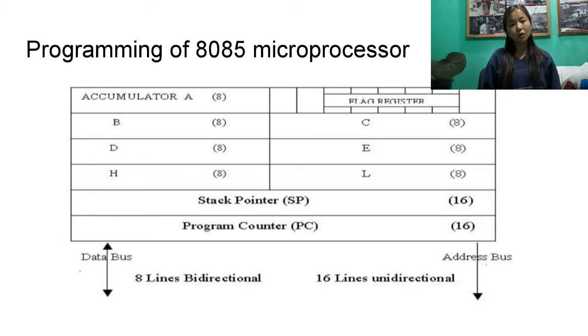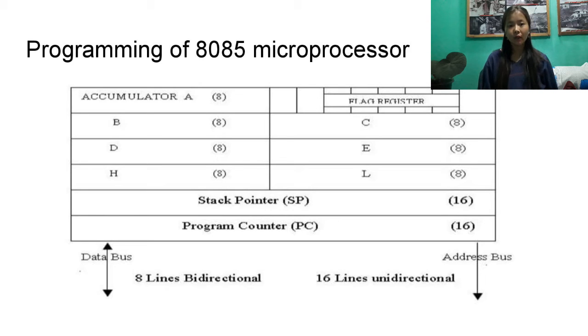Now let's talk about the programming model of the 8085 microprocessor. The 8085 microprocessor model includes 6 registers, 1 accumulator, and 1 flag register. In addition, it has the 16-bit registers, the stack pointer and the program counter. At first, let's talk about the registers.